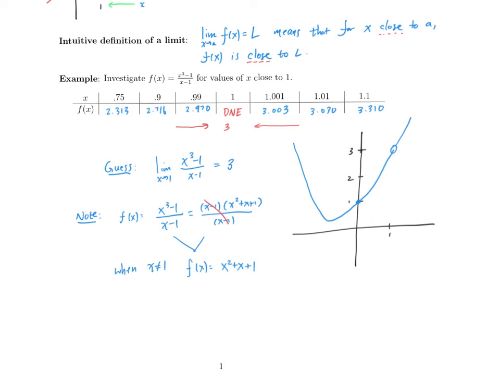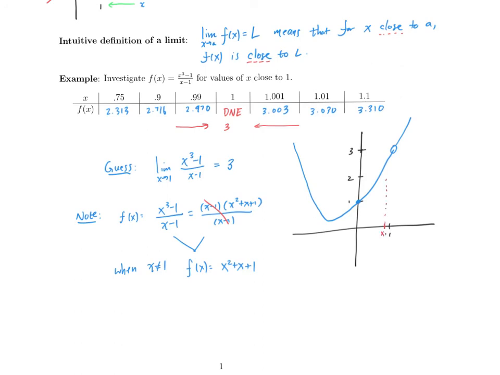And what we want to observe from this graph is the intuitive definition of the limit. For inputs close to, in our case, 1, the function output should be close to 3. So let's see here. If I pick a value close to 1, but maybe not at 1, so let's just go ahead and call this x1.